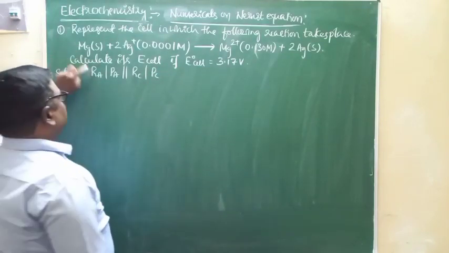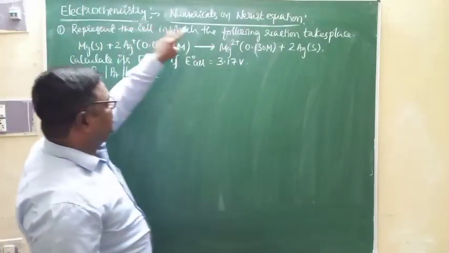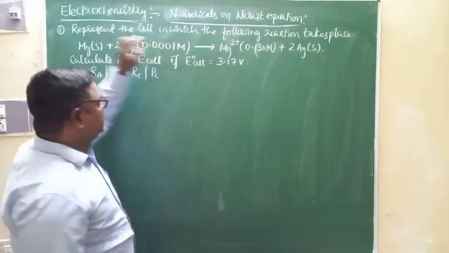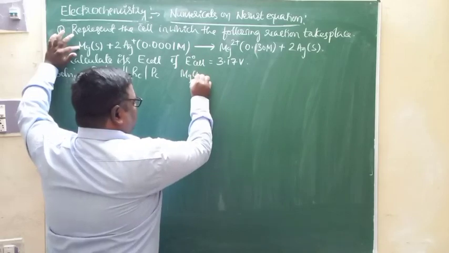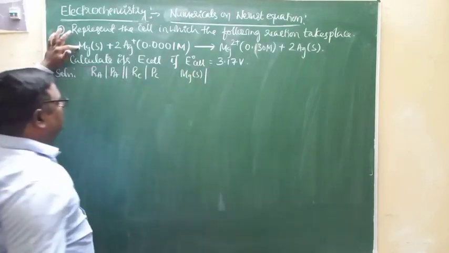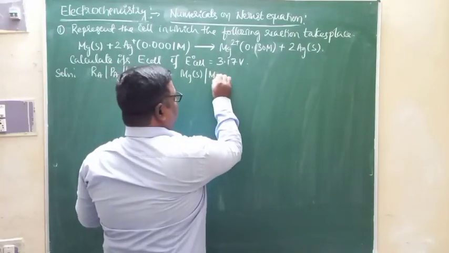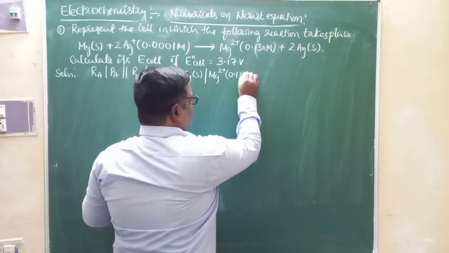Here the reactant at anode is Mg, which undergoes oxidation. Mg is oxidized to Mg2+, oxidation number goes from 0 to plus 2. The corresponding product is Mg2+ with concentration 0.13 molar.